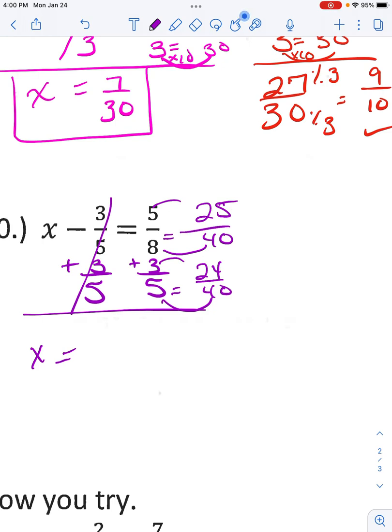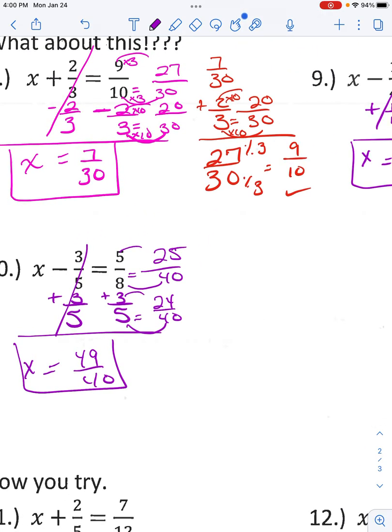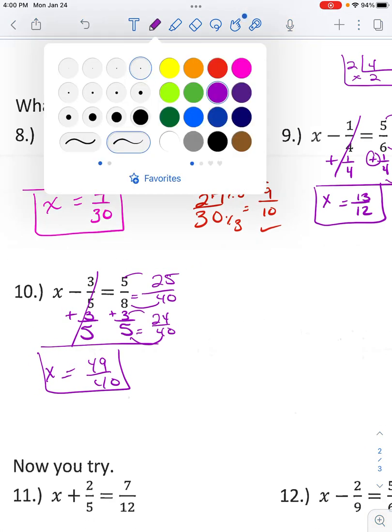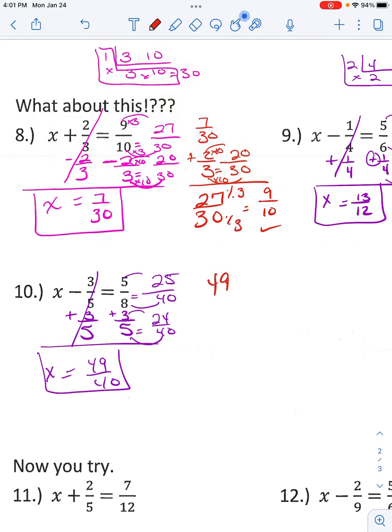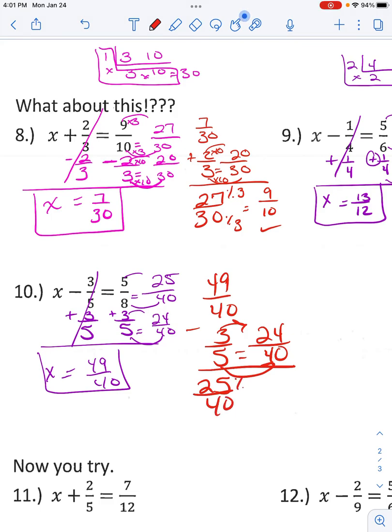So 25/40 plus 24/40 would be 49/40. And again, I'm going to let you leave it like that, even though it's improper. And then we can substitute 49/40 back in for x, subtract 3/5. Common denominator would be 40, times 8 would be 24. And then we can subtract to get 25/40 and simplify. And we do get 5/8.